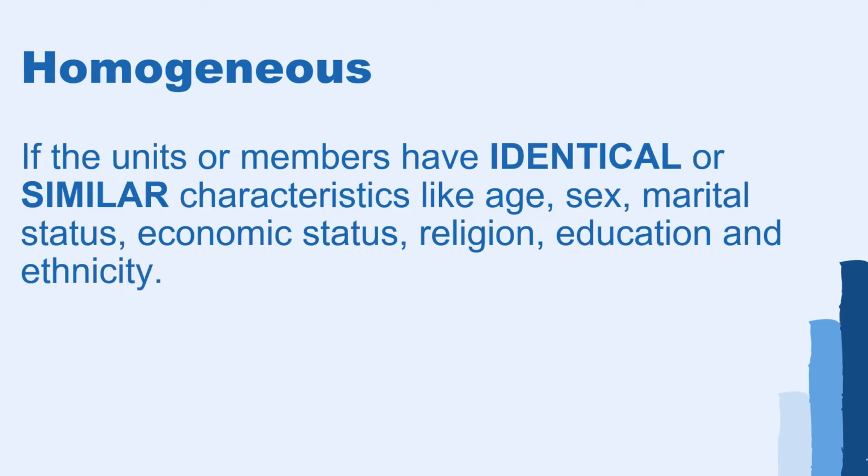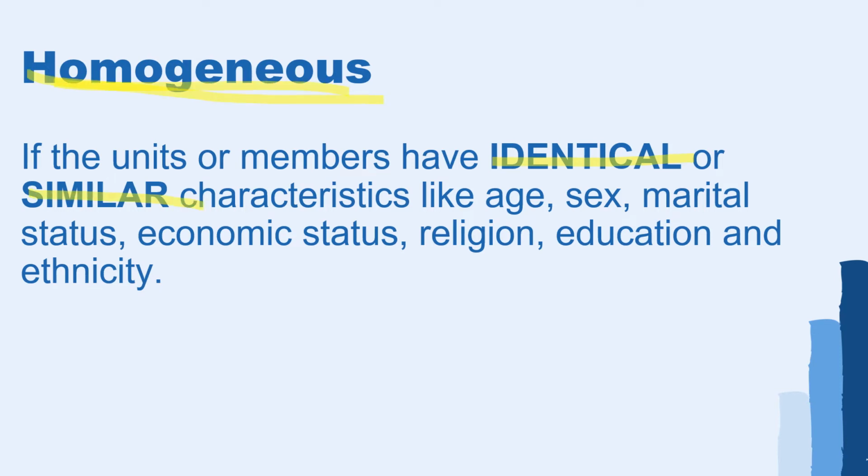Next, homogeneous. Oftentimes, when we are describing a certain population, we have a tendency to use the words homogeneous and heterogeneous. When I say homogeneous, it means that the units or members have identical or similar characteristics. The keywords are identical and similar characteristics.